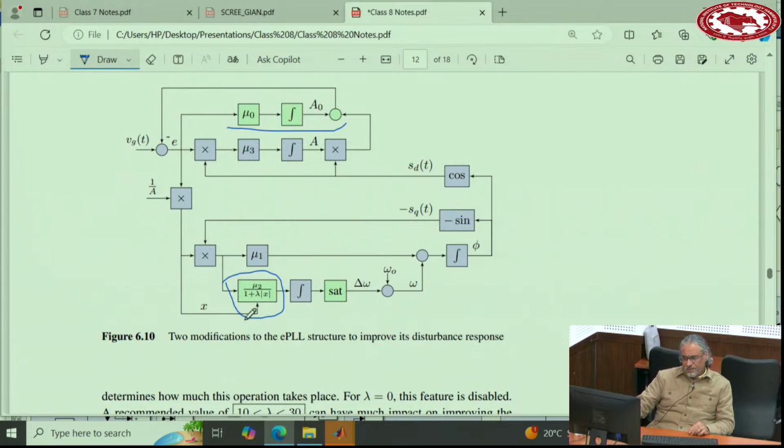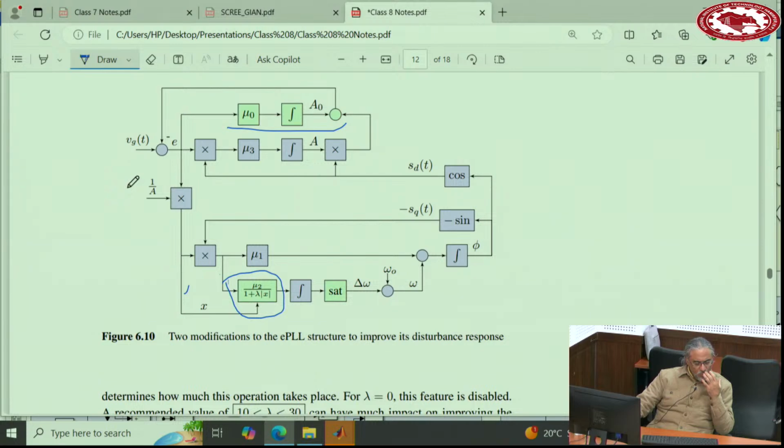This one here, if you look at how it works, the gain mu2 divides by 1 plus lambda times the absolute value of x. X is here. So what is x? X is the error divided by a. Again, this is a practical thing.